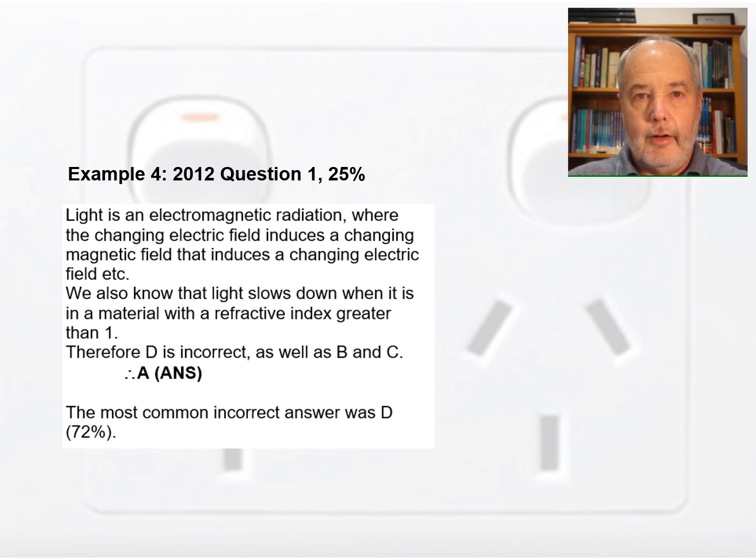Its speed of light, c, is only true when it is travelling in a vacuum. The reason it slows down when it goes into different mediums is because of the electrical properties and the magnetic properties which are associated with it in the other medium. Therefore, the answer was A.